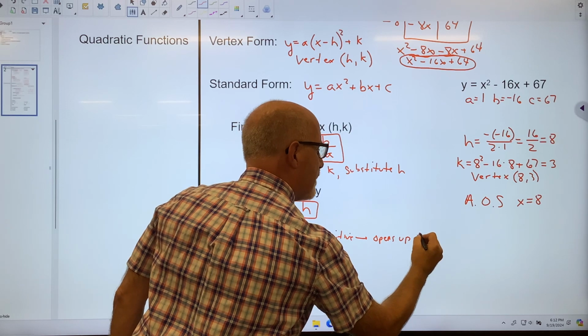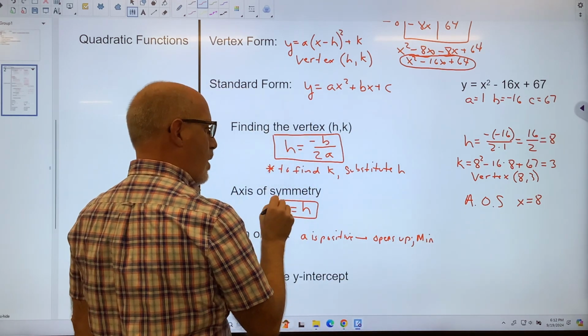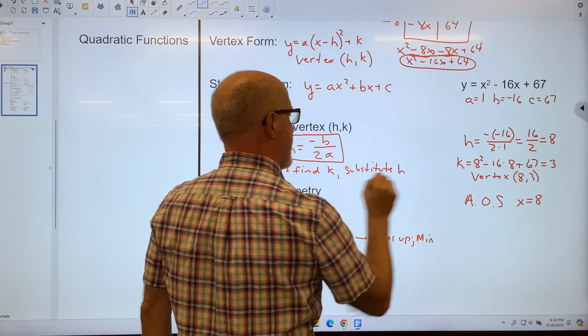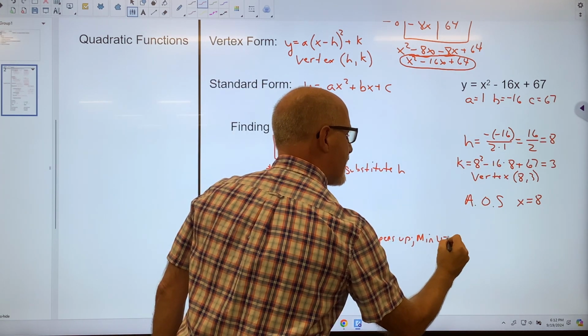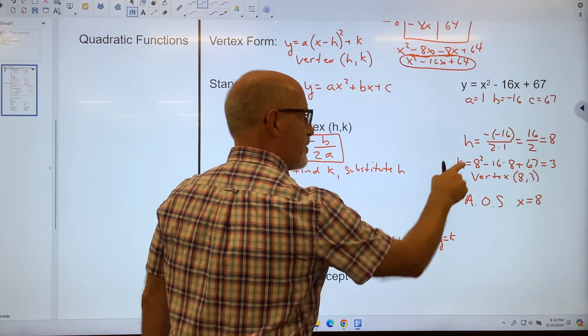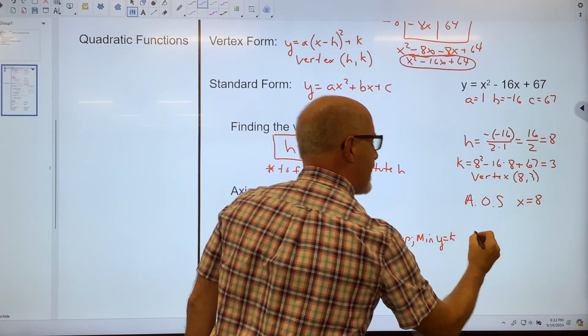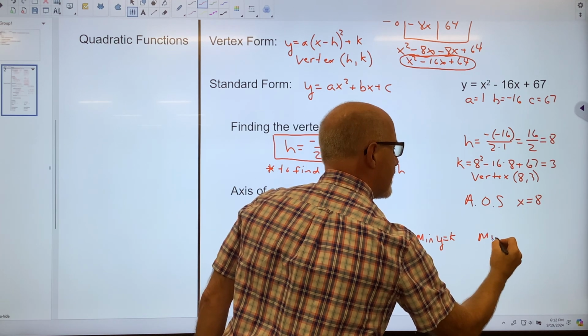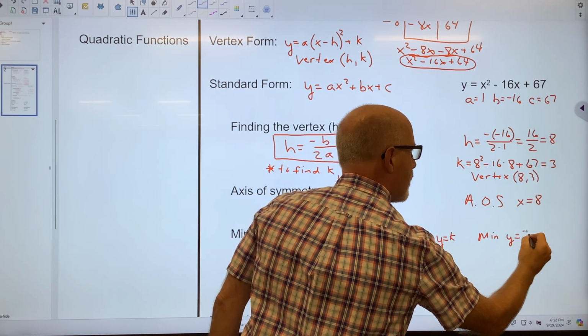And so there will be a min at y equals the y value at the vertex. So h comma k, it's going to be a min at y equals k. So this one, since it's a positive, it opens up. A is 1. I'm going to have a minimum at y equals the 3, which is my y value at the vertex.